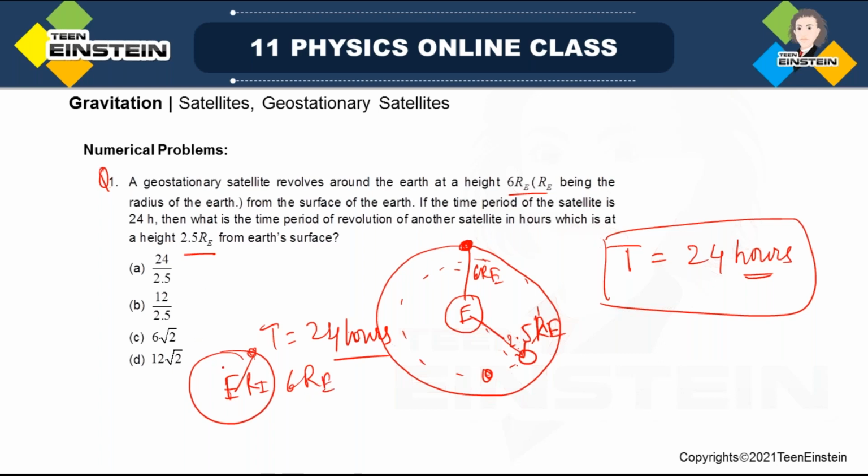Now another satellite which is here at 2.5 of this Earth's radius, so R is equal to 2.5 RE.